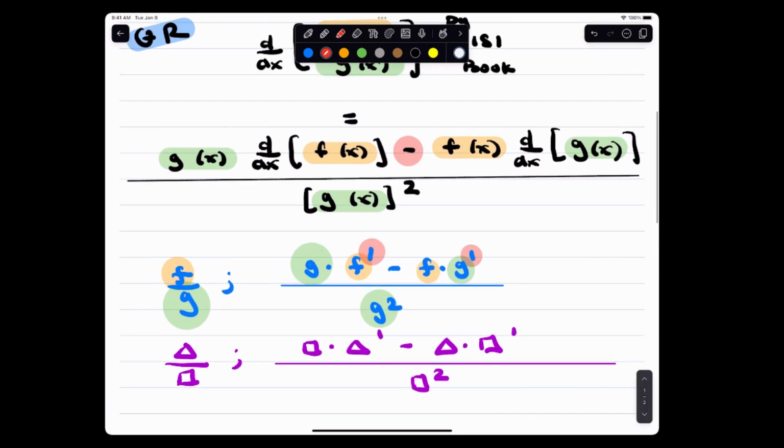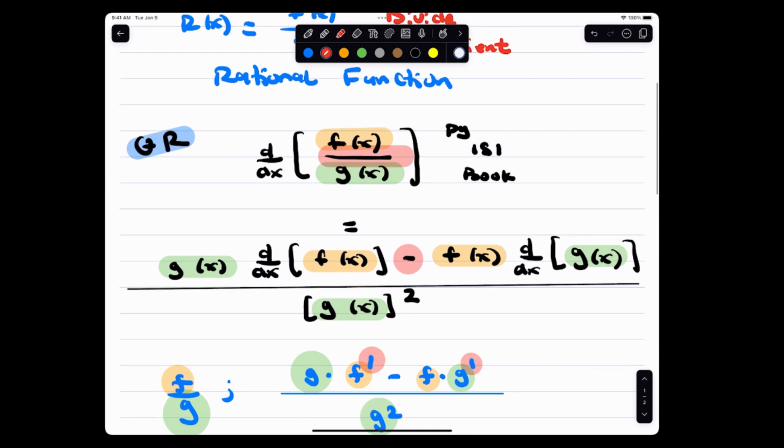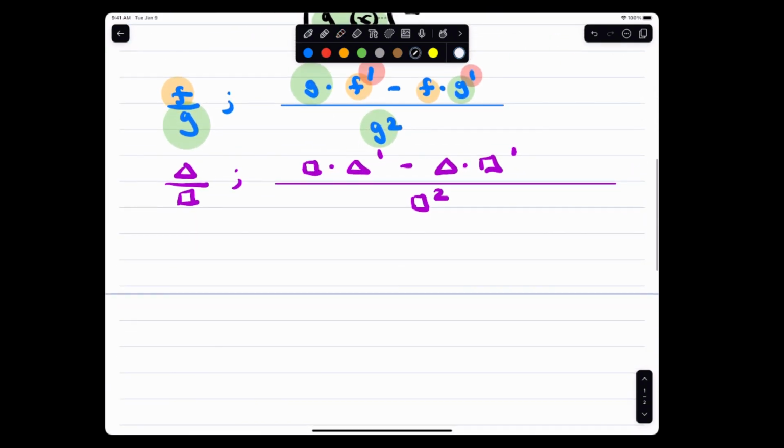So there it is, ladies and gentlemen, this is the one and only quotient rule. So like I told you guys, there's going to be some algebra. But again, we've got to go through some of these, and I'm going to look on my website at some examples.